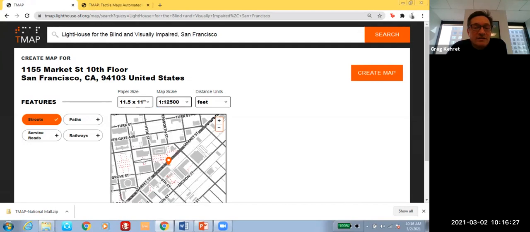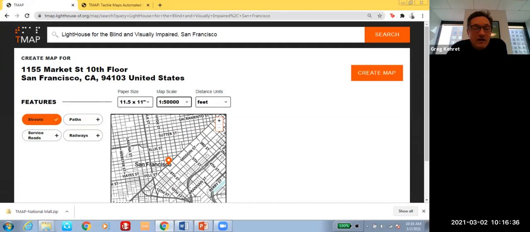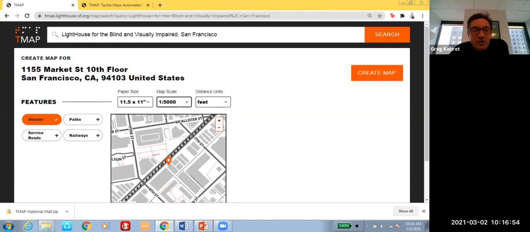Once you start getting to 1 to 25,000 or 50,000, if you were to emboss that map at 1 to 50,000, that would probably feel like a plate of spaghetti. That can be very useful in rural areas, however, where there aren't a lot of roads and streets. So for our purposes, I'll leave it at our default of 1 to 5,000. And of course, distance units, take your pick, feet or meters.